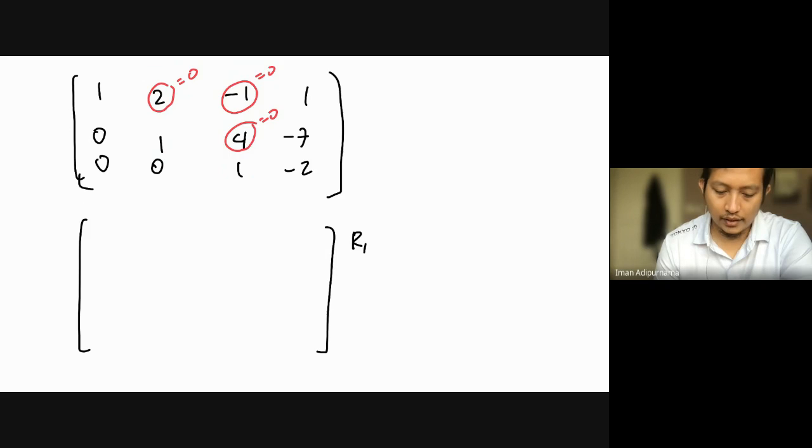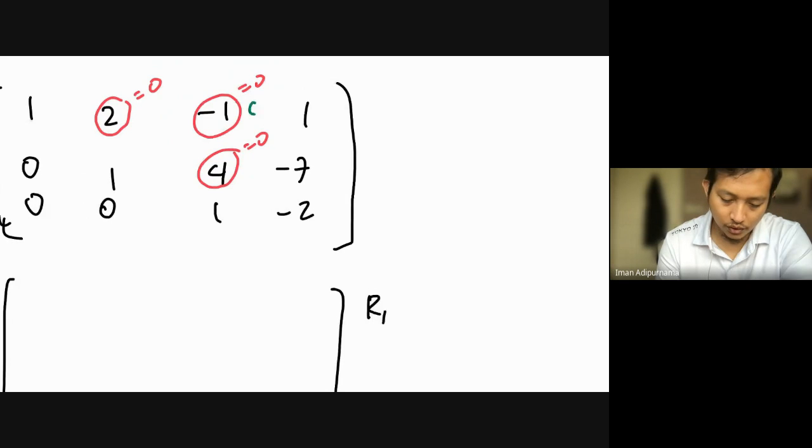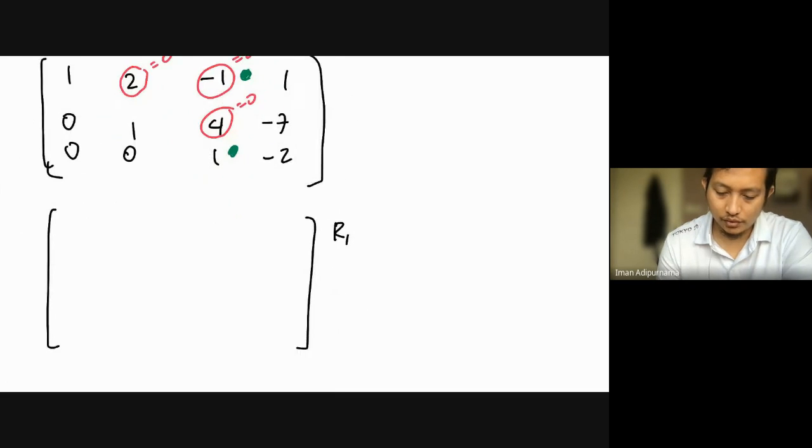I think row 1, if we look at, let me use a different color. If you look at this negative 1 here and 1 here, we can add this 2 to make it 0 at least for row 1. So row 1 will be plus 3. Okay, let's write that.